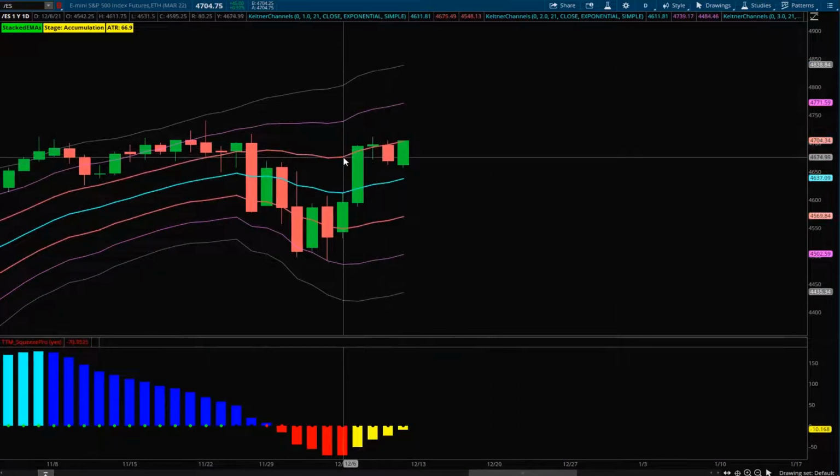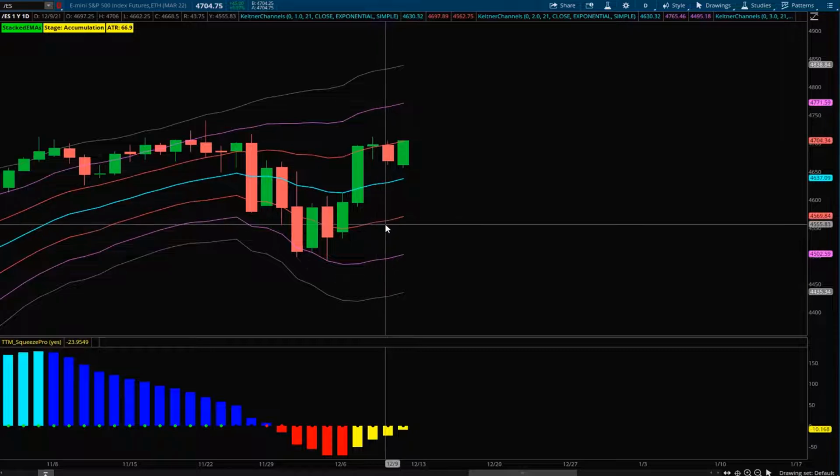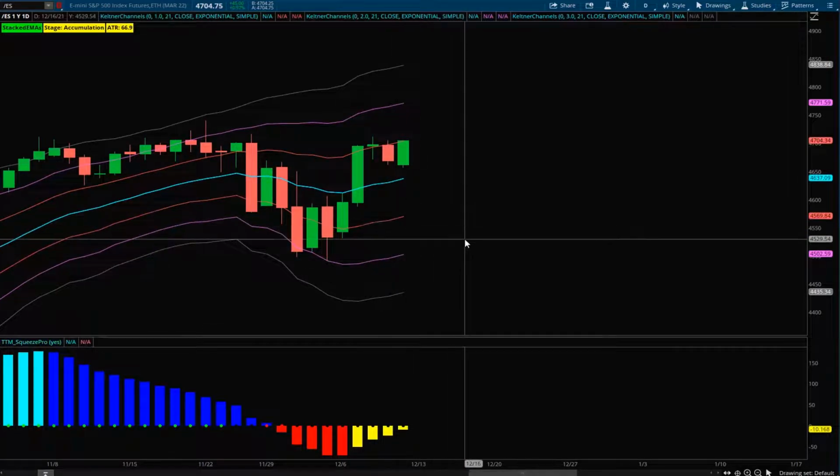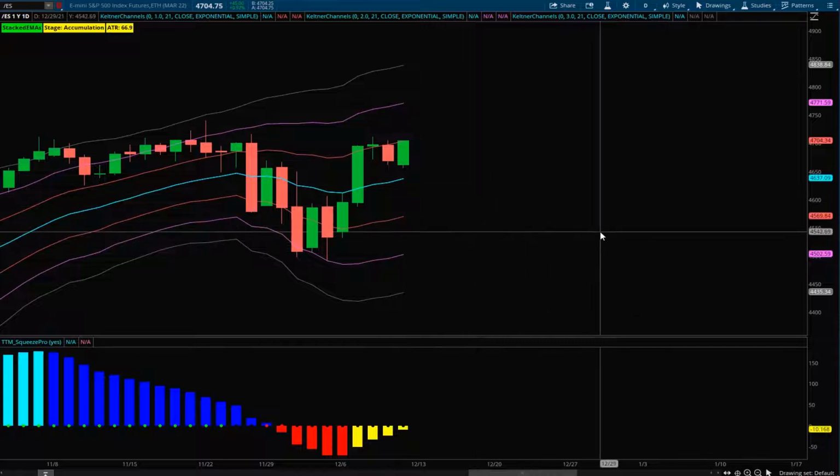And then these red bars here are the +1 and the -1 ATR, which ATR is basically just showing how much an asset moves on an average day for that given time frame it is on.